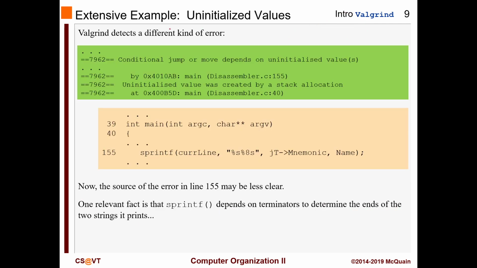Another type of error you will see is uninitialized values. So it could be something like conditional jump or move depends on uninitialized values. Usually you will face this when you are trying to use a value that isn't initialized, but sometimes it also may happen if you are trying an object file that was compiled in one OS, but you are trying it in another.